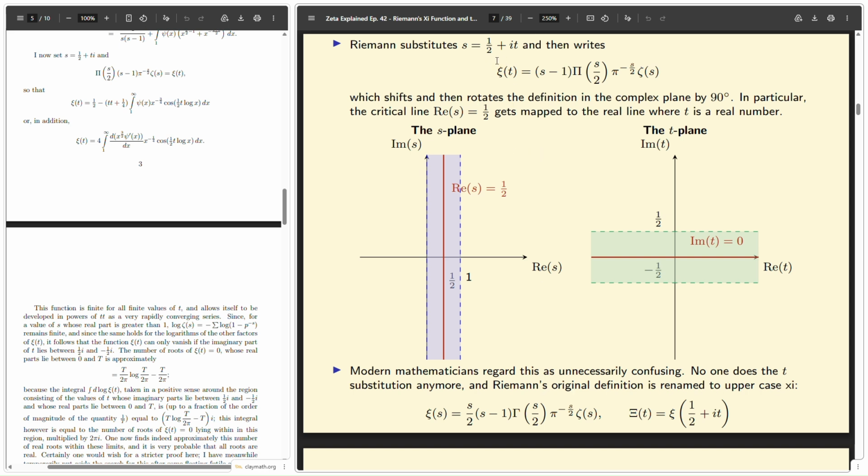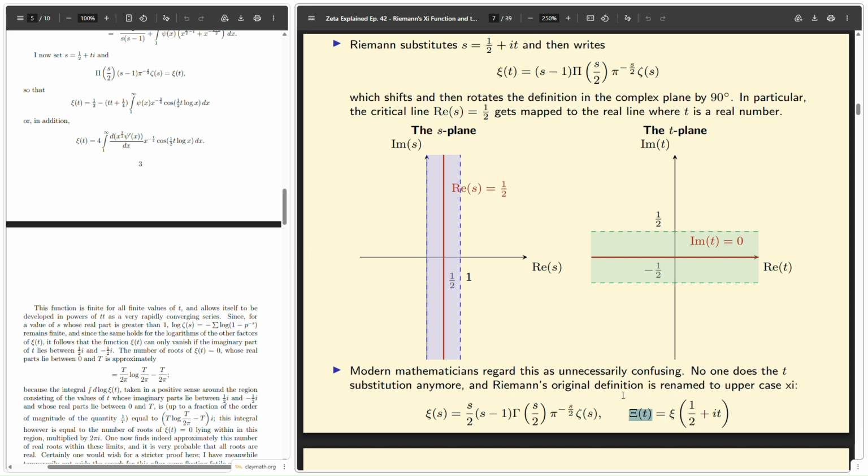So instead of xi of t being this thing, we write xi of s is equal to this thing. And then this capital xi of t, or uppercase xi, looks like this symbol. I usually don't see it written much, but this is the first instance I've seen it written for this function. Capital xi of t is equal to lowercase xi of 1/2 plus it. So this is Riemann's original definition right here, but no one really uses this anymore.